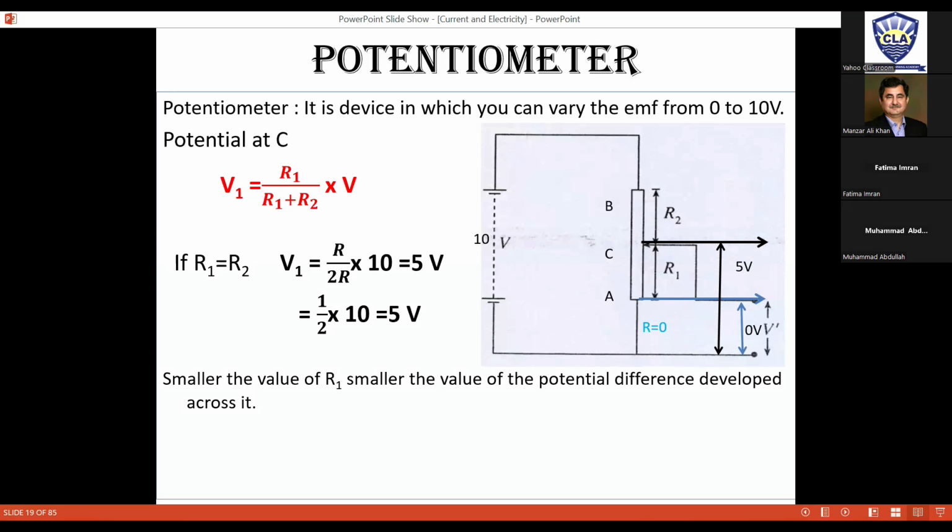And if you are at point B, it is the total resistance, so total voltage will be 10 volts.